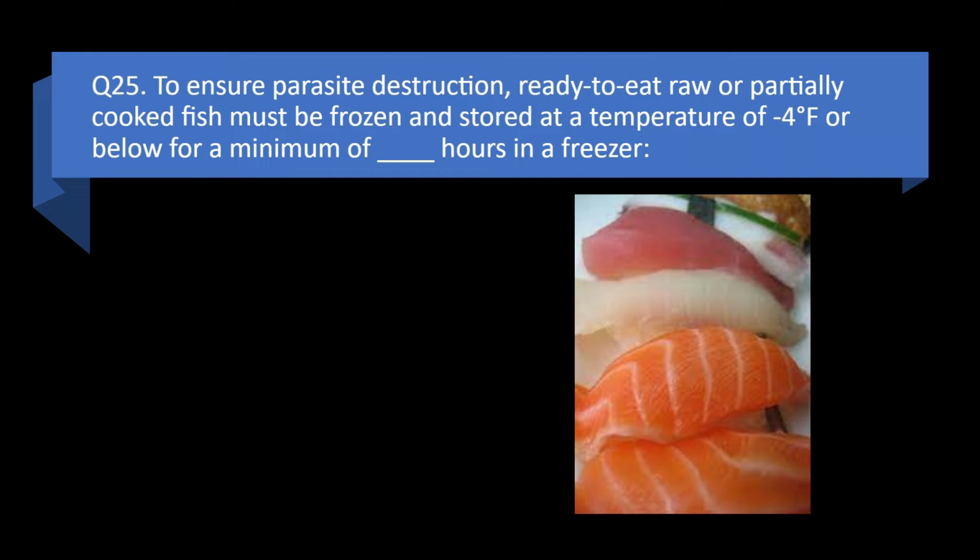To ensure parasite destruction, ready-to-eat raw or partially cooked fish must be frozen and stored at a temperature of -4 degrees Fahrenheit or below for a minimum of blank hours in a freezer. 4, 24, 15, or 168. D. 168.